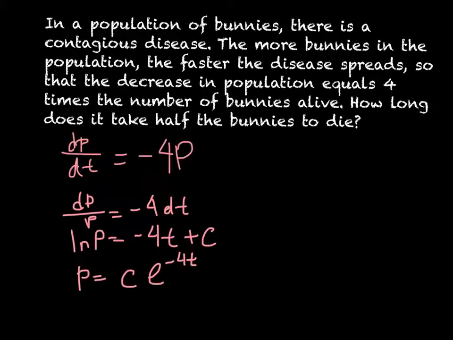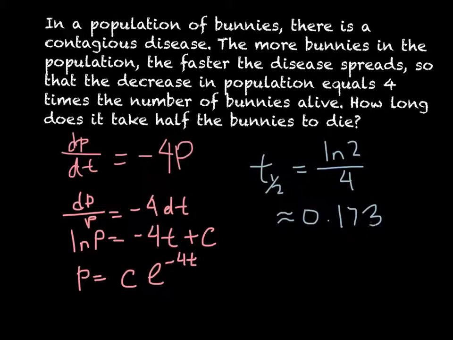It doesn't matter that we don't know what c is, because the time it takes for half the bunnies to die only depends on our rate, r. And so our half-life is equal to the ln of 2 over 4, or about 0.173, meaning in 0.173 time units, half the bunnies will be dead.